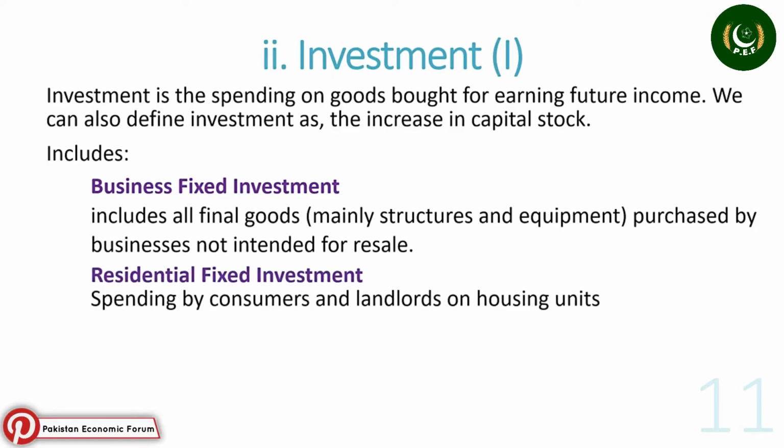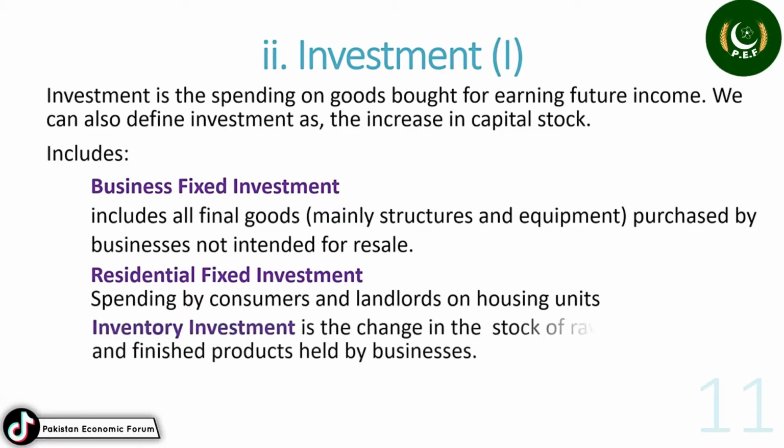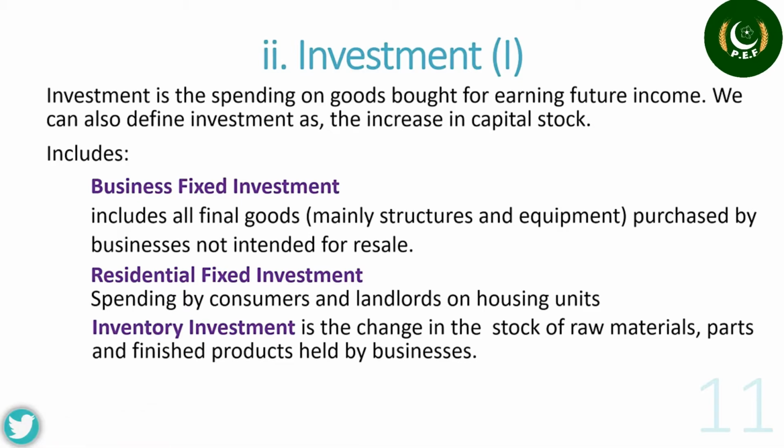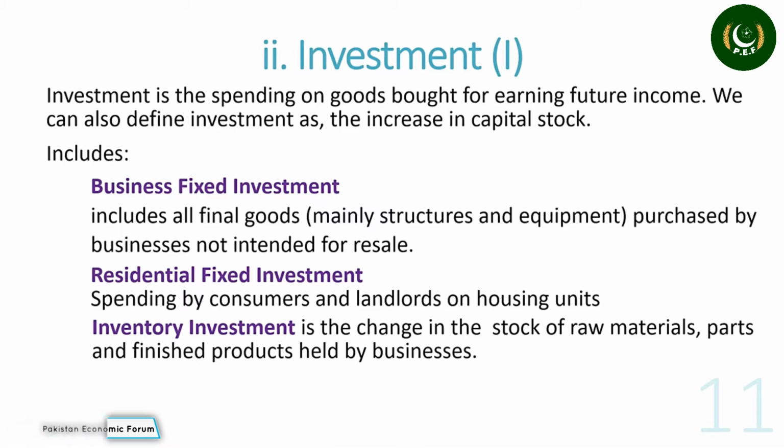Residential fixed investment, which is the spending by consumers and landlords on housing units. And inventory investment, which is the change in the stock of raw material, parts, or finished products held by businesses.